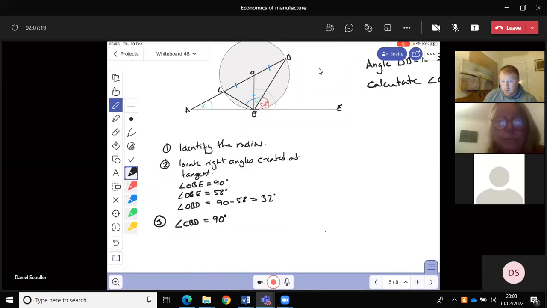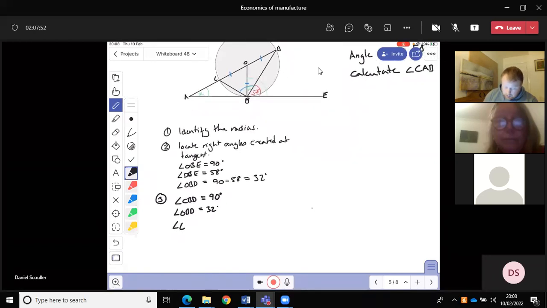Okay, that allows me to figure out, well, if angle OBD was 32 degrees, then angle OBD plus CBO is going to be 90 degrees. Okay, so because we know what angle OBD is equal to, 32, just work that out.